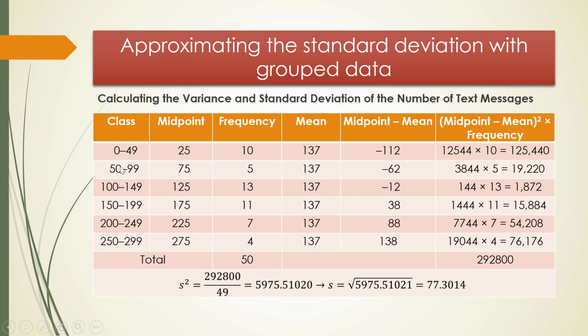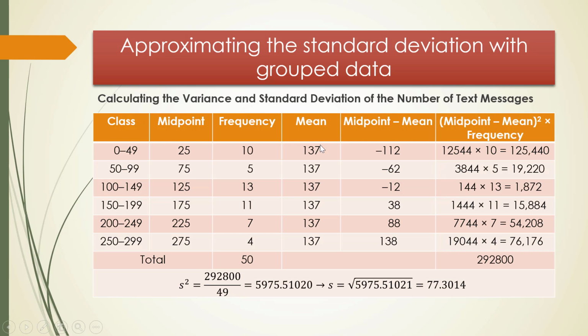Then 50 plus 100 divided by 2 is 75. 100 plus 150 divided by 2 is 125, and so on. So we collect the midpoints in the second column. To approximate the mean, we multiply each midpoint by its frequency, add them all together and divide by the total frequency, which is 50. So the mean for this grouped dataset is 137 text messages a day.